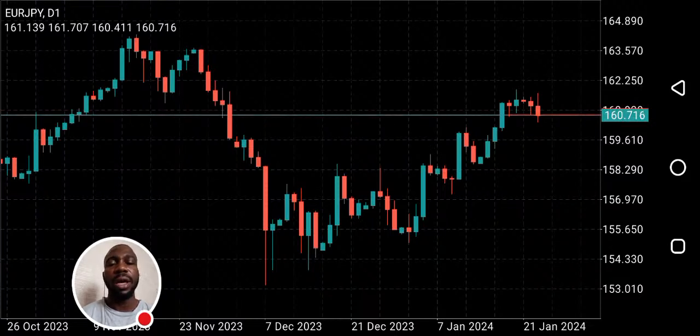Ensure that you apply good risk and money management as you trade. That is the secret of successful trading. How long you will remain in this business will be determined by how you manage risk. Understand that losses are inevitable. Understand that trading is a game of probabilities. Always be conscious of that.